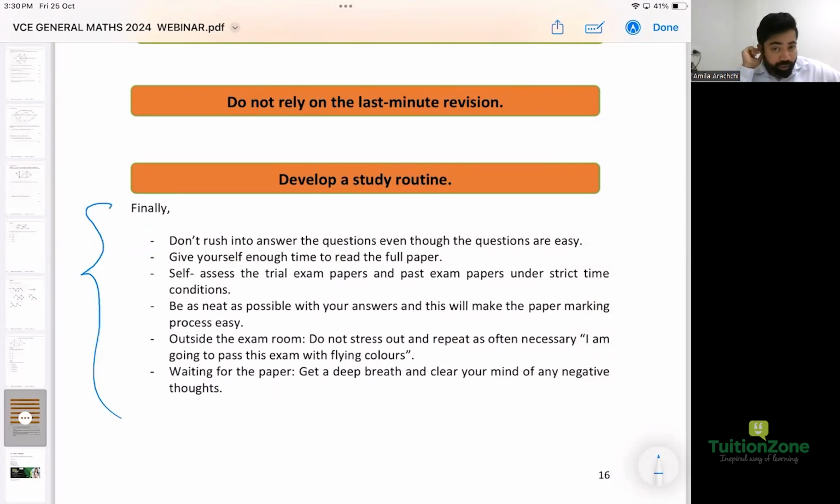Don't rush into the answers, even though the questions are easy, because that's a very common thing. I explained this in the methods, but this is more relevant to general maths. Because we always think general maths is easier than the others, and that's the reason the questions try to be a bit tricky.